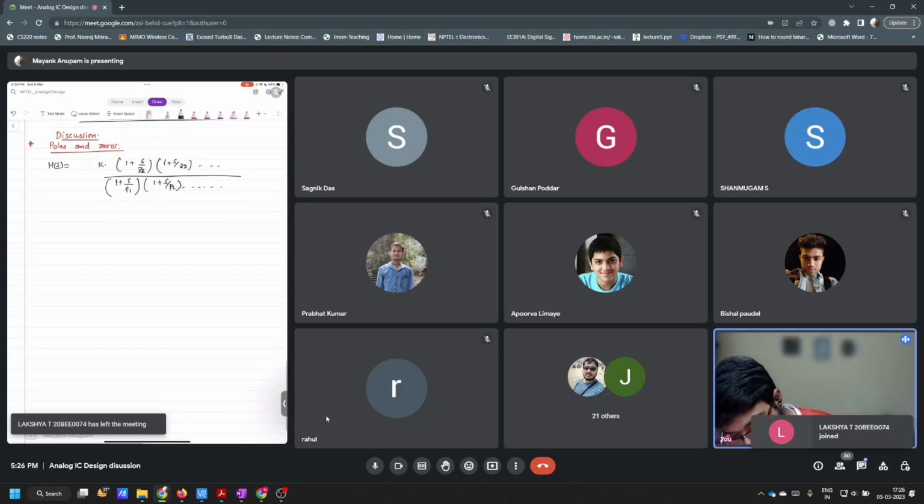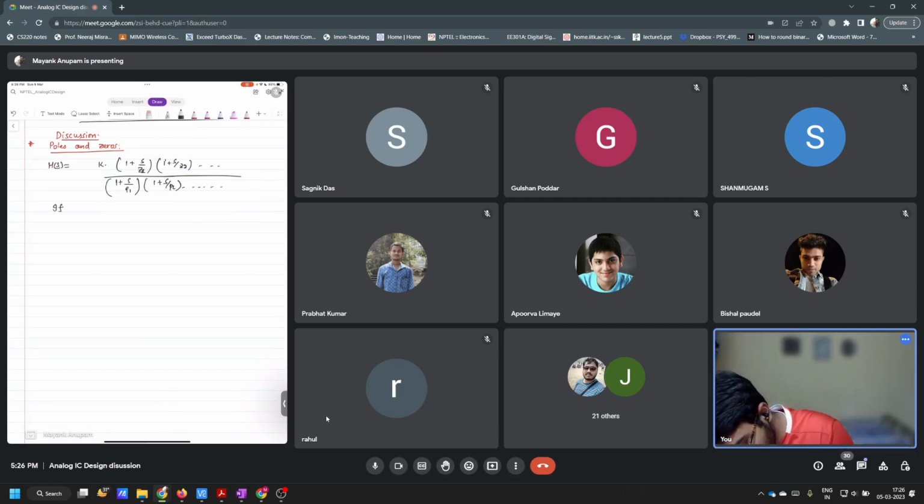So you remember, what are the constraints on these poles in order to ensure that the system is stable?